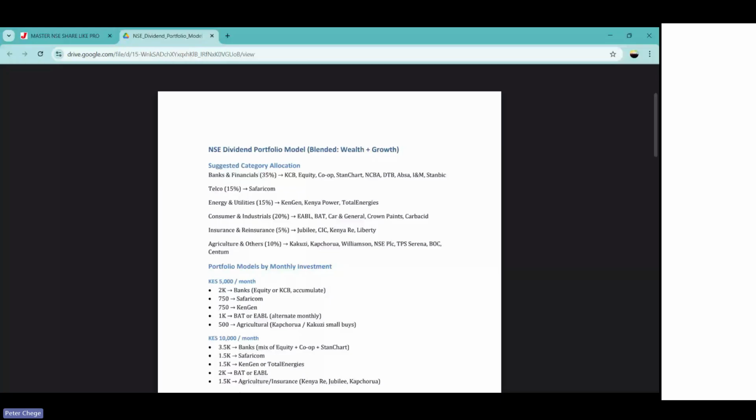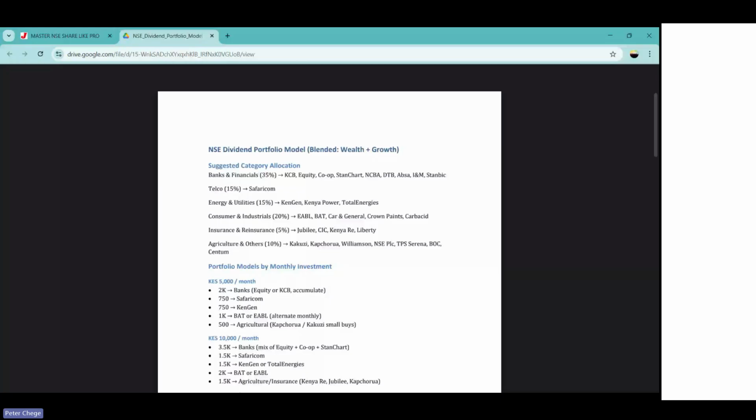If you say 100,000, 5% of that, let me buy banks and financial companies. Then telecom, which unfortunately is just one, Safaricom, you give 15%. Energy and utility, Kenya Power, Total, all these are giving dividends. You give 15% each, maybe 1,000.